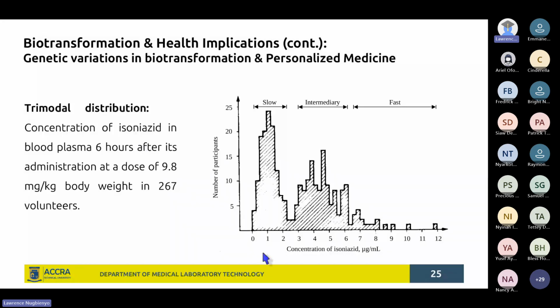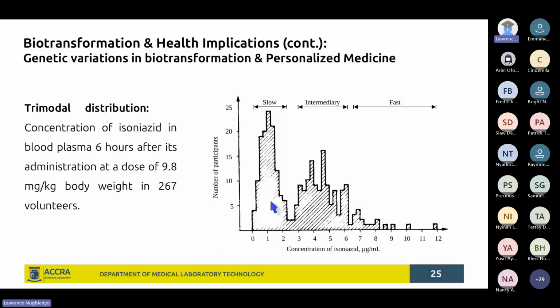if it's a fast metabolizer, maybe the same dosage you are giving will not have the therapeutic effect that is intended. And if it is in a slow metabolizer, that concentration will rather result in a toxic effect after it's getting accumulated in the system. And perhaps for the intermediate, yes, it will be working, which means you should first determine the genetic disposition of the person before you give particular dosages.